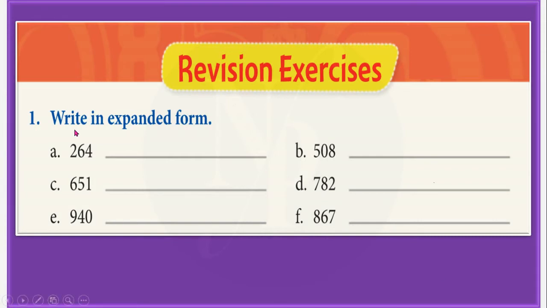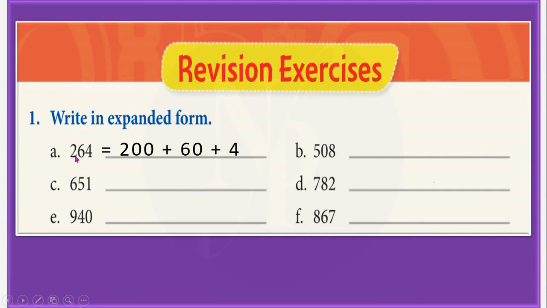Question number 1. Write in expanded form. Here the numbers are given. We should write the expanded forms of these numbers. A, 264. The expanded form of this number 264 is 200 plus 60 plus 4.